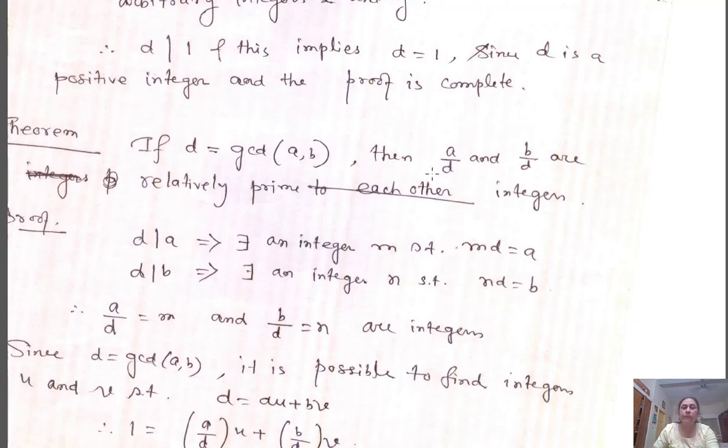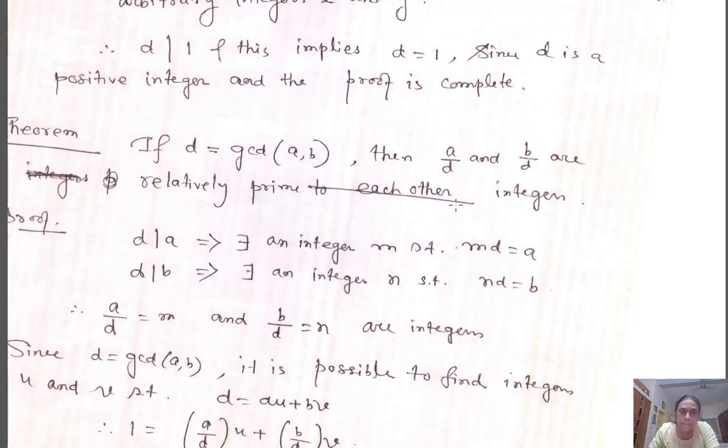We have already used it while discussing how to solve linear congruences: if D is the GCD of A and B, then A by D and B by D are relatively prime. That is, GCD of A by D, B by D is 1, so they are co-prime.